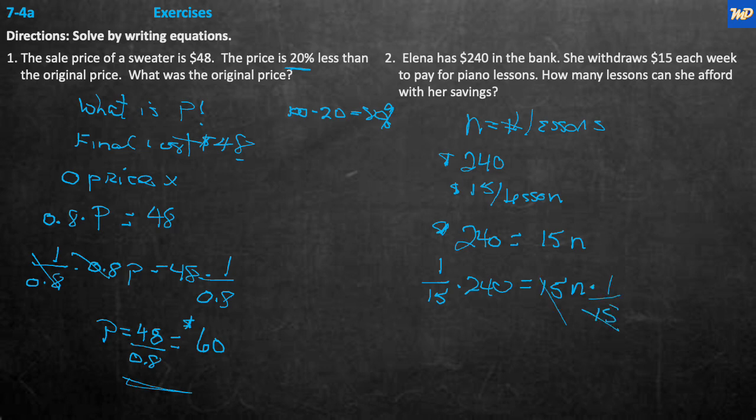So these 15s cancel. And 15 goes into 240 how many times? Let's see, I'll calculate this. Okay, doing the math seems to be 16 lessons, I think it is. So we're going to say it's 16 lessons. So n equals 16.